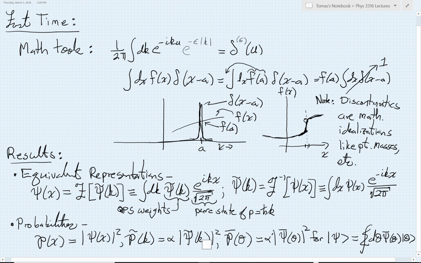So if we had some general observable, maybe not momentum, there would be a probability function that describes its distribution. It should be proportional to the square of some Dirac quantum principle of superposition weights, and those weights, when added up times pure states of my observable, would recover any general quantum state that I might want to think about.